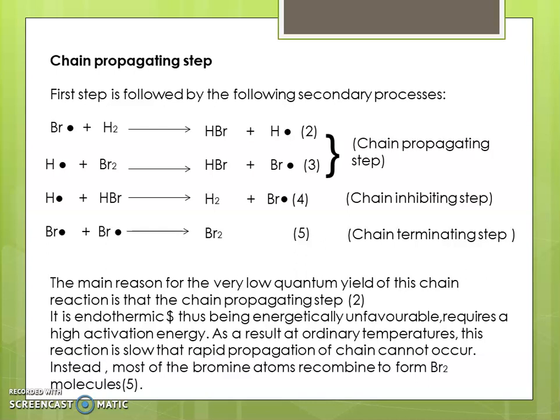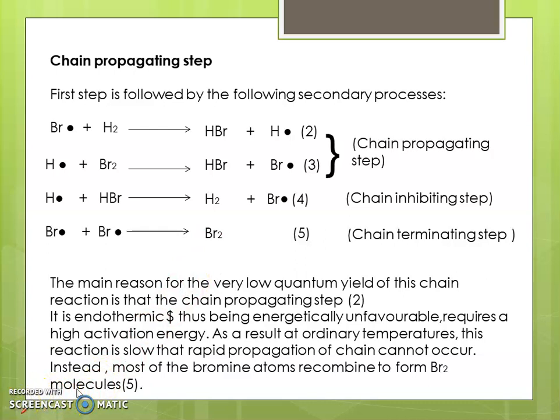Due to this reaction, more and more Br radicals are generated, and this facilitates the formation of Br2 molecules instead of forming HBr. Hence, this is the reason for the lower quantum yield.